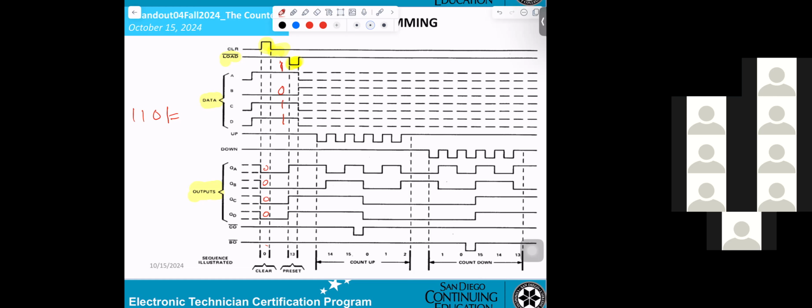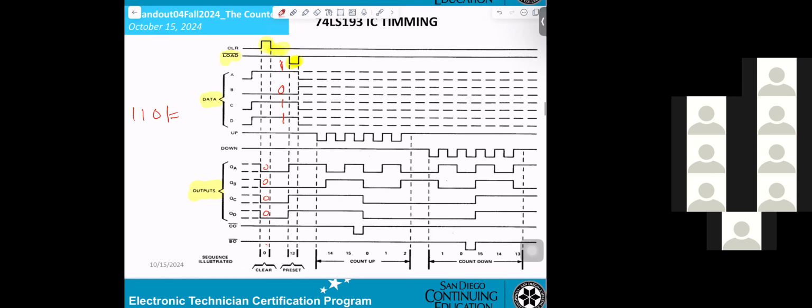No, 1, 0, 1, 1, 0, 1, 13. 13 correct, however. Oh, you're counting from the bottom up, like D, C, B, and then A. Correct? Right, that will be D. Yeah, okay.